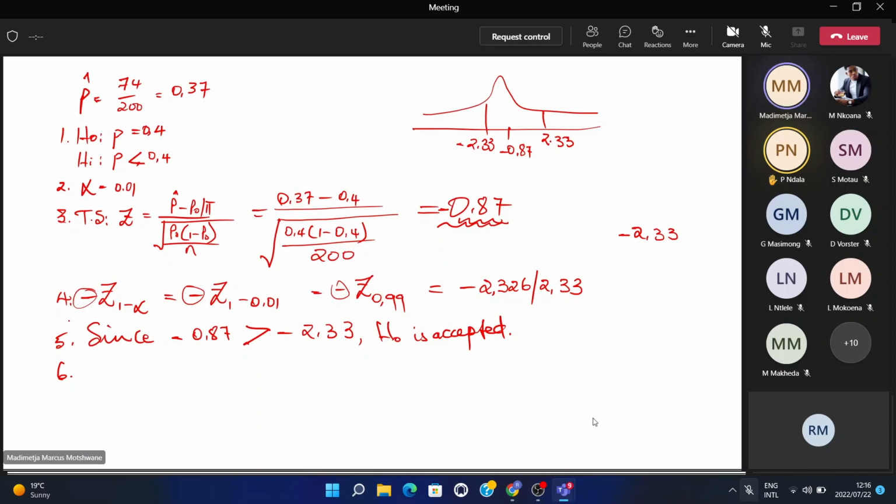All right. Now, if this is accepted, then you can conclude and say, those people, let's try and write it in short here.